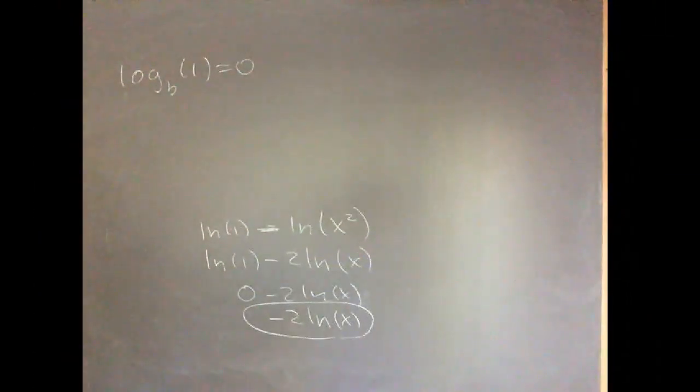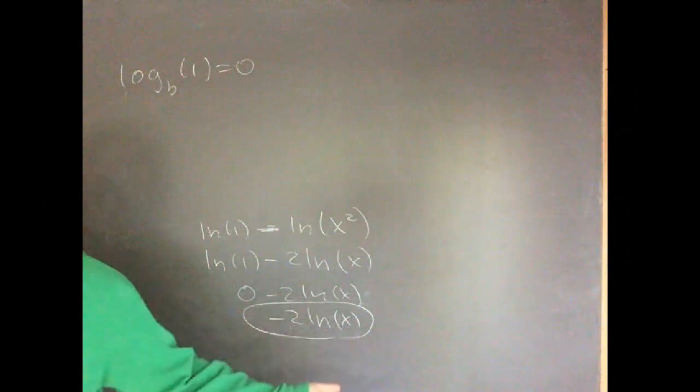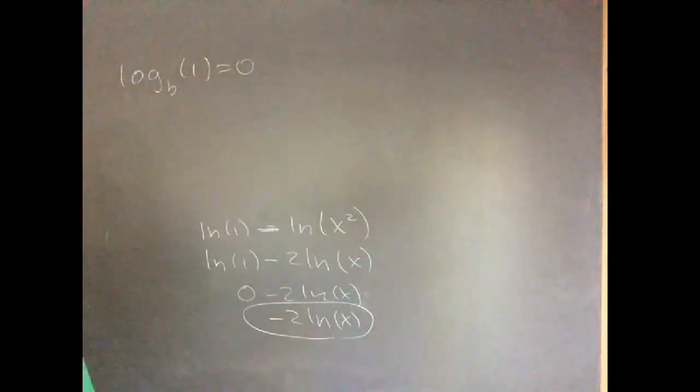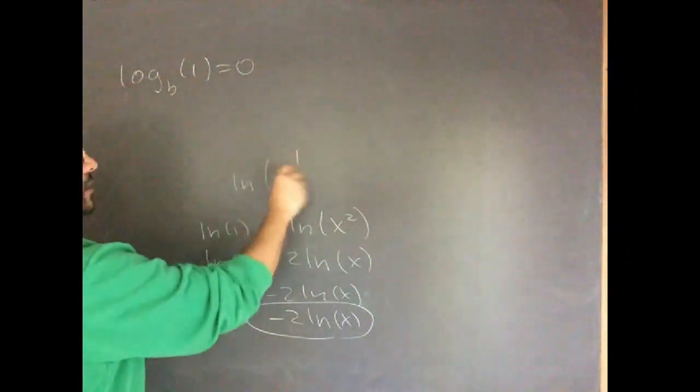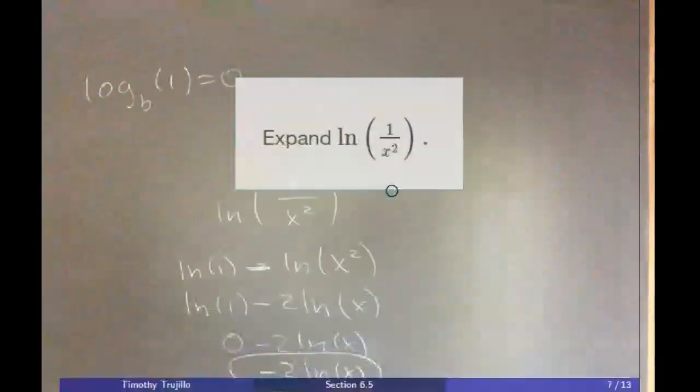Okay, the expanded form in this case is -2 times the natural log of x. And you'll notice it has the same number of logarithms as the original. Let me write the original expression here.